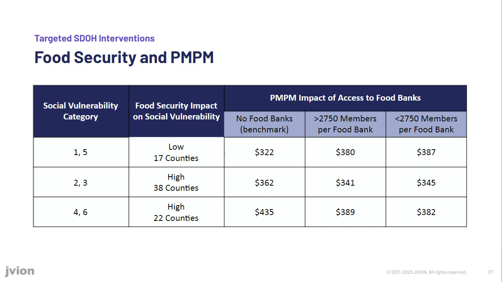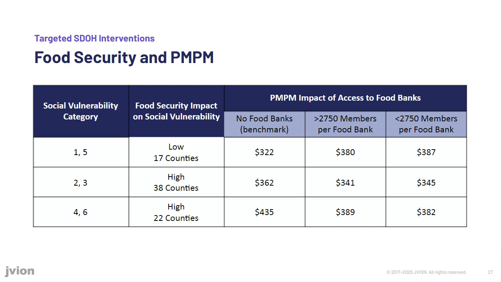But what we do know is that when we move to the group that we said is a moderate impact that we're expecting, as they moved from not having food banks to having food banks, there was a $15 to $20 per member per month savings in that group. Compared to the counties where we said food security is a big issue for these groups, they actually had a 45 to 50% per member per month cost savings by having access to food banks.